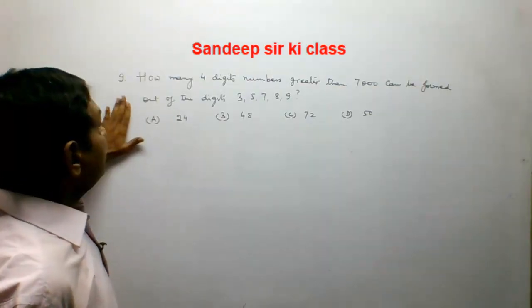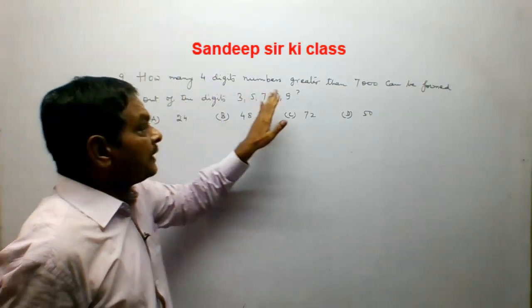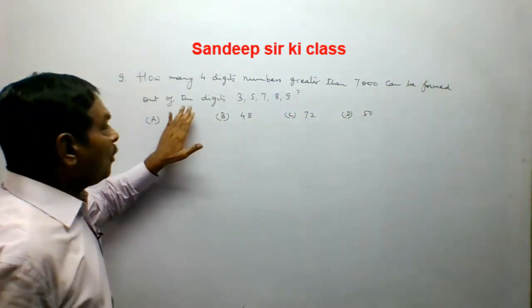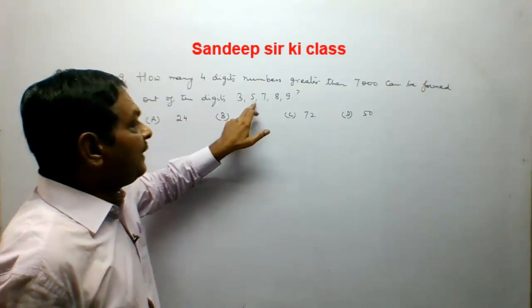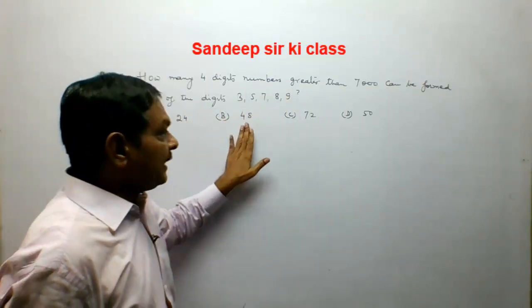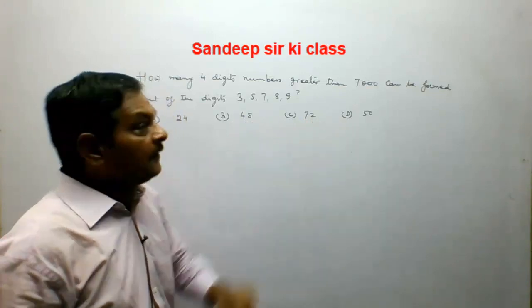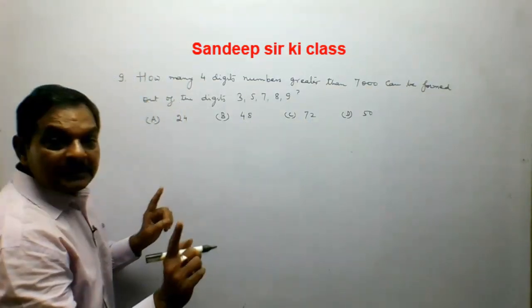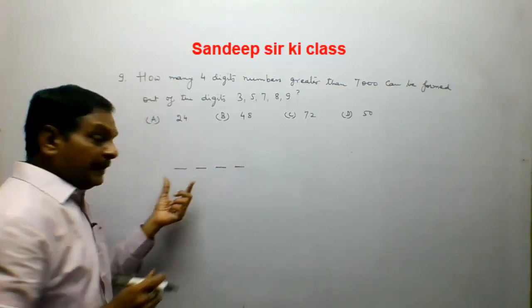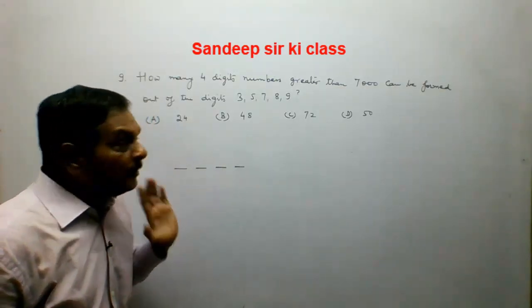Question number 9. How many 4-digit numbers greater than 7,000 can be formed out of the digits 3, 5, 7, 8, 9? Options are 24, 48, 72 or 50. See, 4-digit numbers are to be made. 1, 2, 3, 4. Means these 4 places are to be filled.